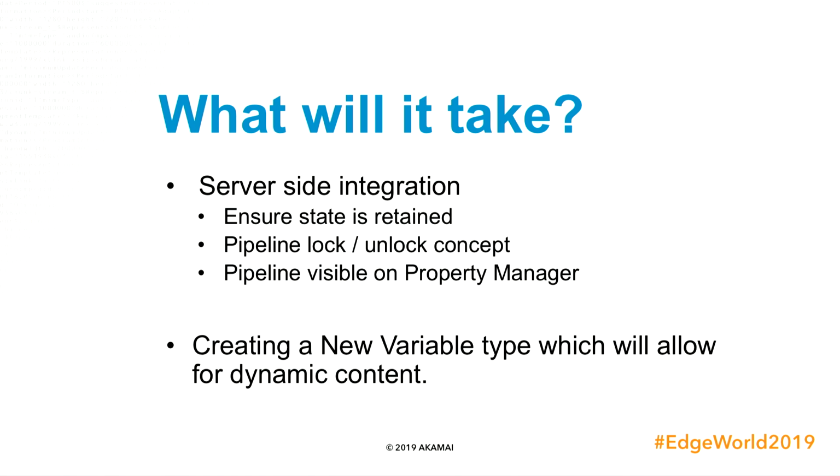So we're working towards integration with the UI for the pipeline. We want to make sure that the UI is aware of the pipeline once you create it. You can actually visualize the pipeline in the UI once you've created it.